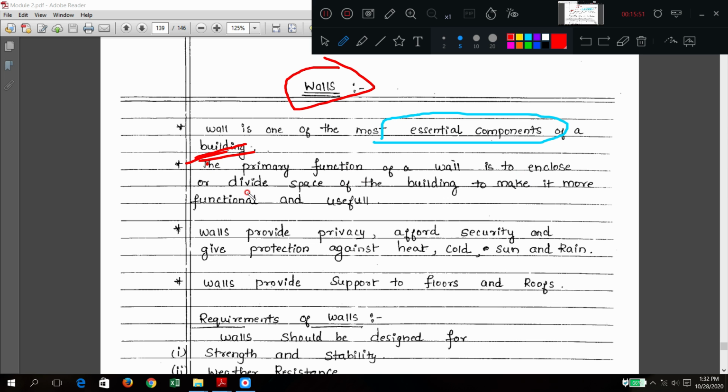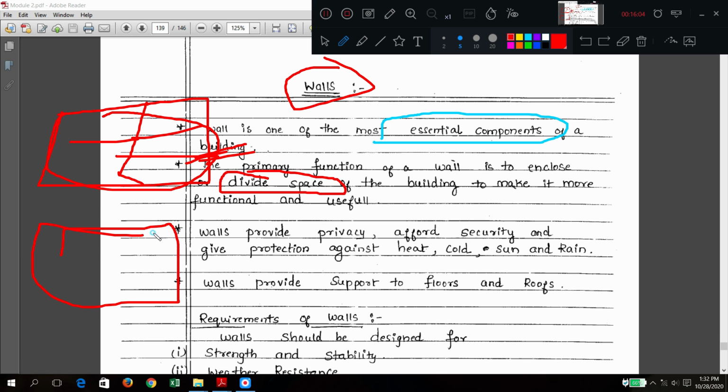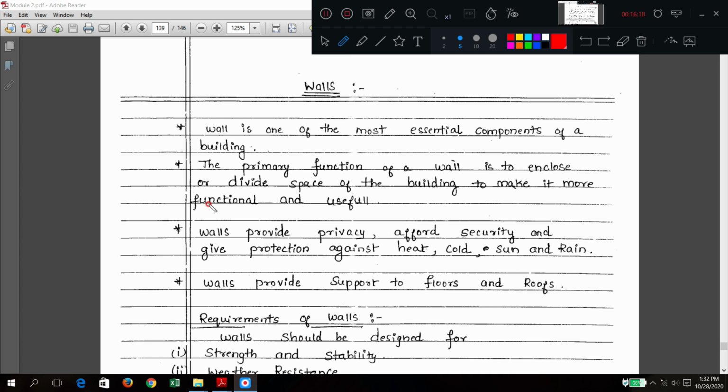It divides the space and encloses the space. Outer walls enclose the space; they cover the total area of your building. Inside walls, like room walls and kitchen walls, divide the space. That is the function.